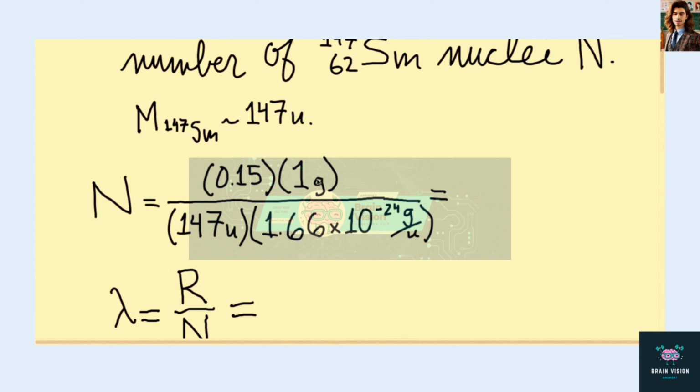We divide this mass of samarium-147 by the atomic mass of samarium-147, which is roughly 147 atomic mass units, as well as dividing by the grams to atomic mass unit conversion factor of 1.66 times 10 to the negative 24th.